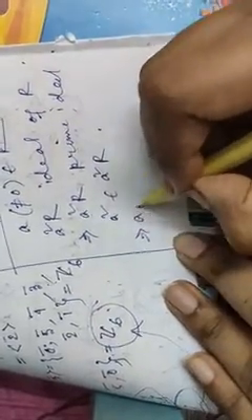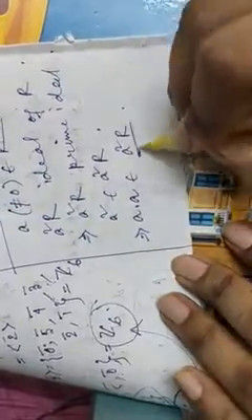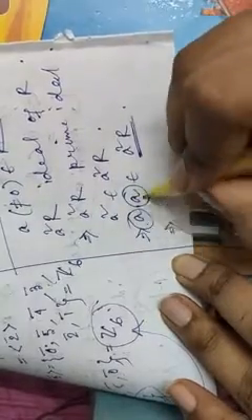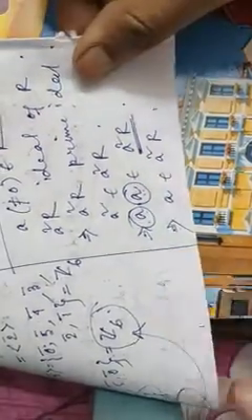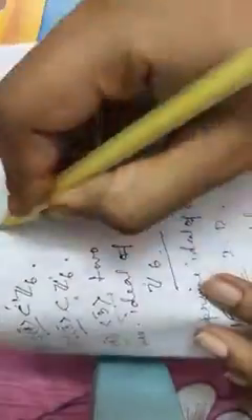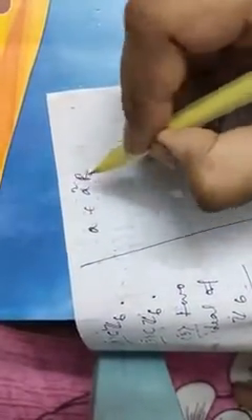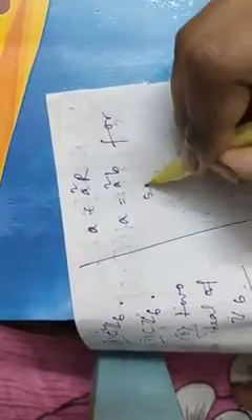So a square can be written as a into a, which belongs to a square R, and a square R is a prime ideal. So from here we can say that either this or this, that means actually the same thing. So this a belongs to a square R. We can write it. So in the next line we are writing, whenever a belongs to a square R, it will be of the form a equal to some a square b for some b belongs to R.